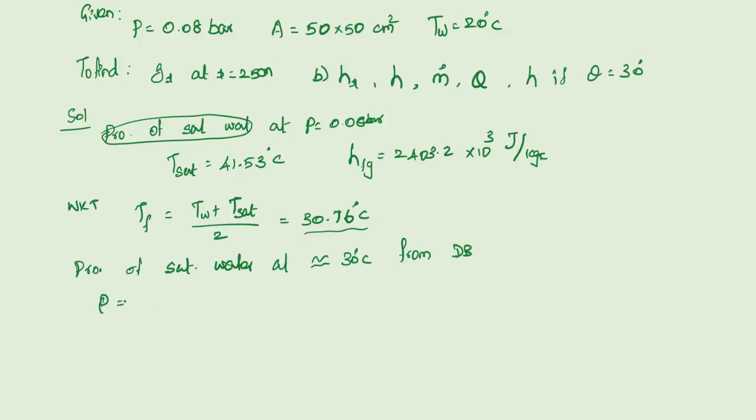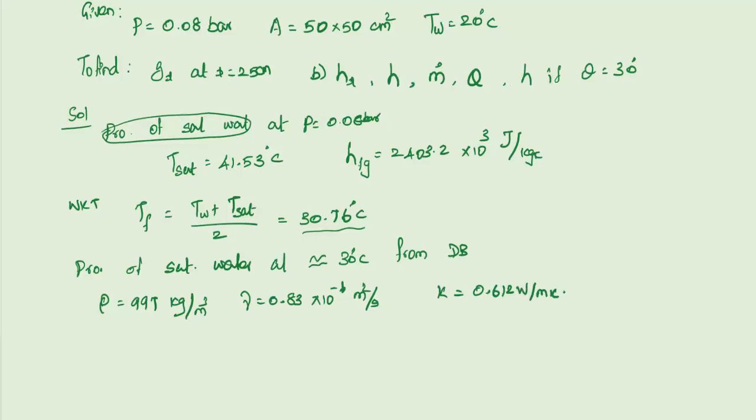Density rho equal to 997 kilogram per meter cube. Second thing, nu equal to 0.83 into 10 to the power minus 6 meter squared per second. Third thing, thermal conductivity k value is 0.612 watt per meter Kelvin. From these values you have to find the dynamic viscosity, rho into nu, that value is 827.51 Newton second per meter squared.